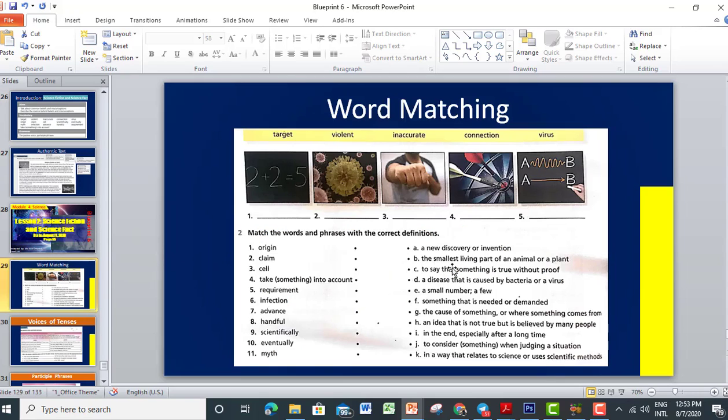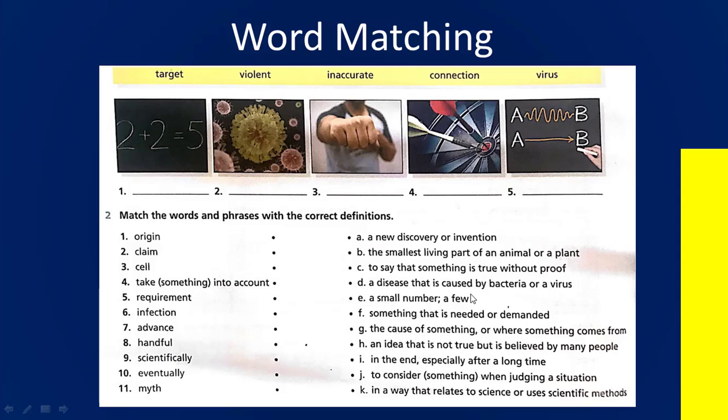So can you see here, everyone? We have 5 pictures and 5 words. We have the word target, the word violent, the word accurate, inaccurate, the word connection, and virus.